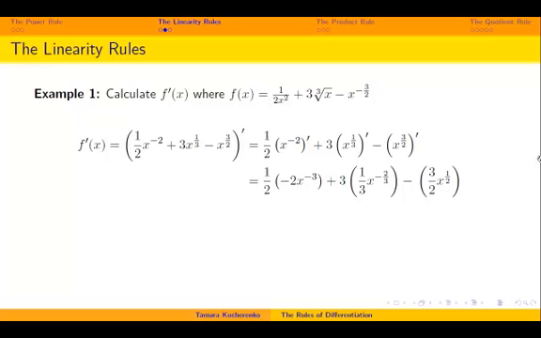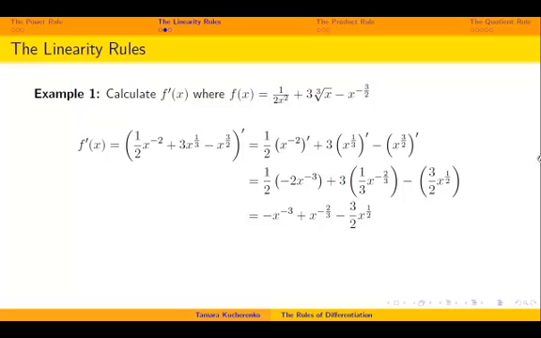We simplify. 1 half times negative 2 gives us negative 1. The second term, 3 times 1/3 is 1. And finally 3 halves stays. We get negative x to the negative 3 plus x to the negative 2/3 minus 3 halves x to the 1 half.